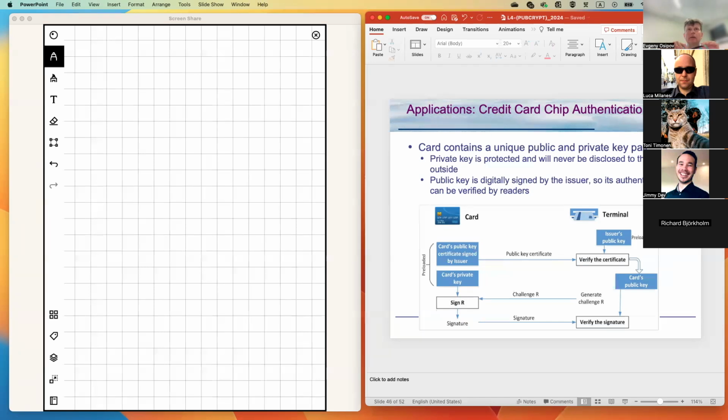The authentication when using a credit card happens using a certificate of the card's public key, which is signed by the issuer of the card, so the bank. But then the question was, how is PIN used in the context of these transactions?